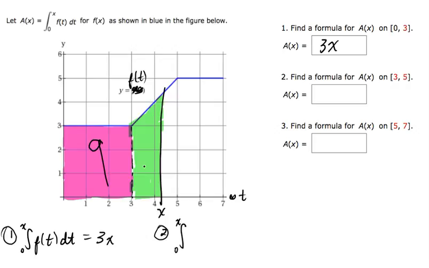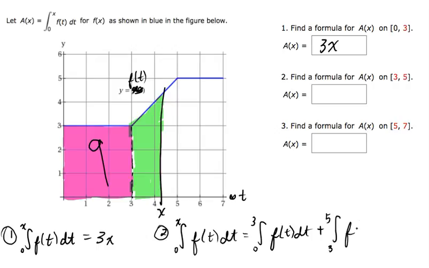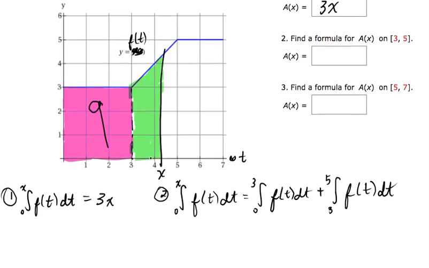What I'm doing visually here is splitting this into the integral from 0 to 3 of f of t dt plus the integral from 3 to 5 of f of t dt. I'm doing that because the integral from 0 to 3 is 9. That's that area right there. It's going to be 9 no matter what, because the minimum that x can be here is 3, but our integral still starts at 0.